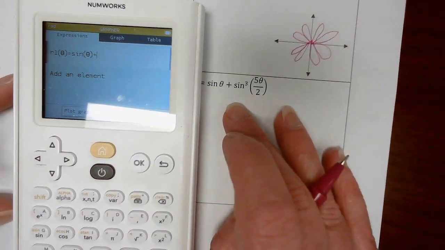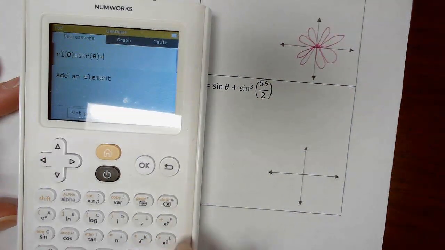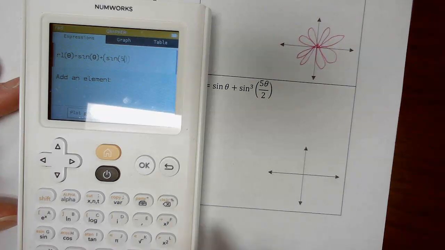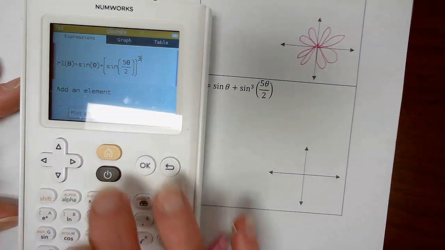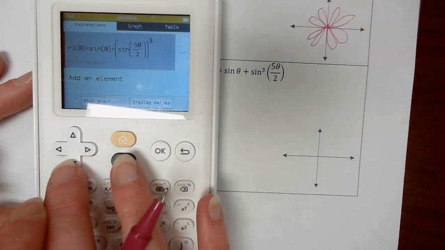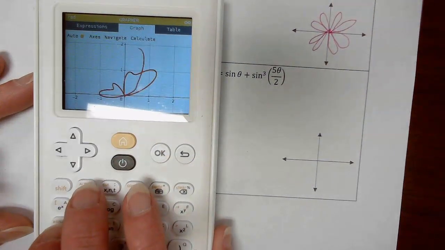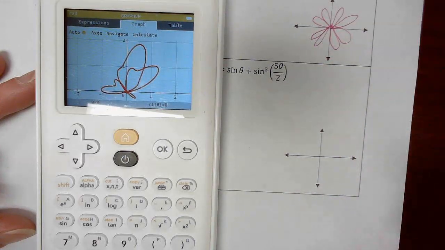Now this one, when it says sine cubed, that really means I've got to put parentheses, sine 5 theta over 2, and then outside those parentheses, I'm going to put the cubed. This one's really cool. It made a butterfly.